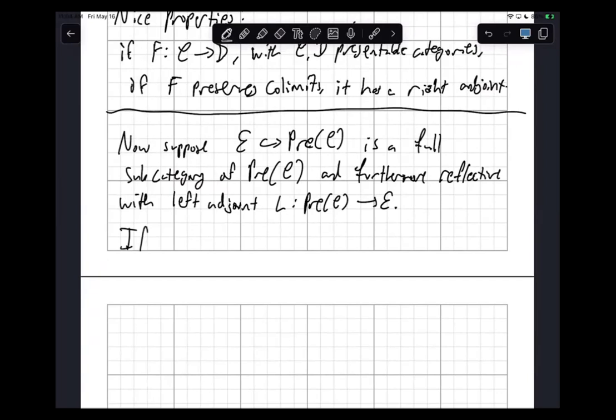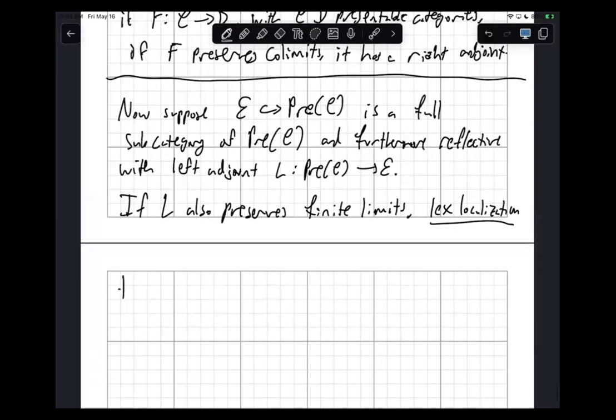If L also preserves finite limits, so this is sometimes called a Lex localization, then we can craft a coverage from L. So how do you do that?